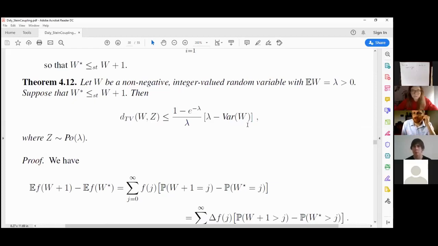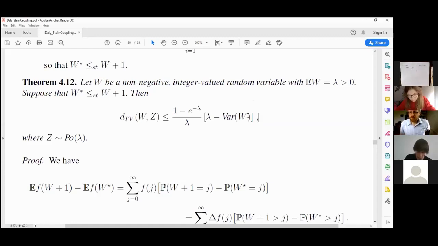I can get away with just knowing the first two moments of that sum: a mean, which we'll call lambda, and the variance of the sum. That's the sum as a whole, not the individual terms. So these upper bounds are much simpler to compute, in the sense that I don't need to think about the intricate detailed covariance structure. I just need to think about the variance.